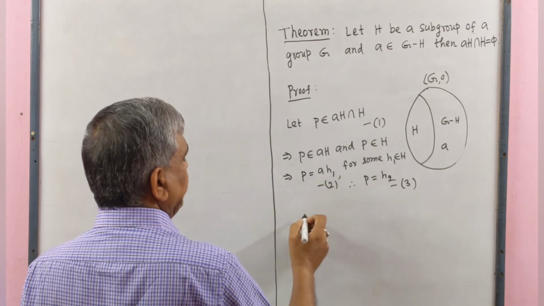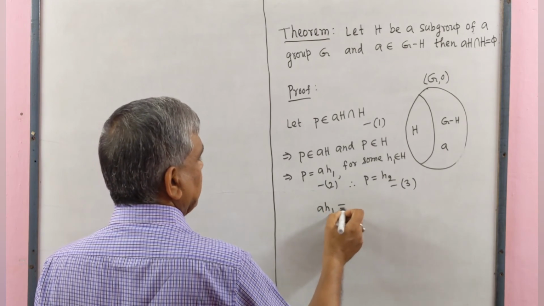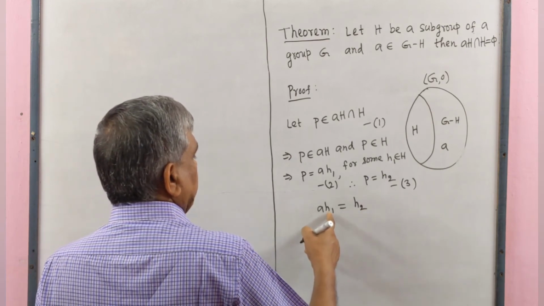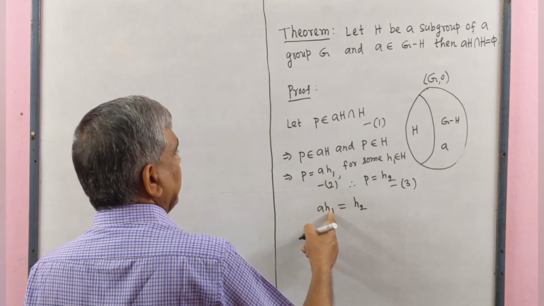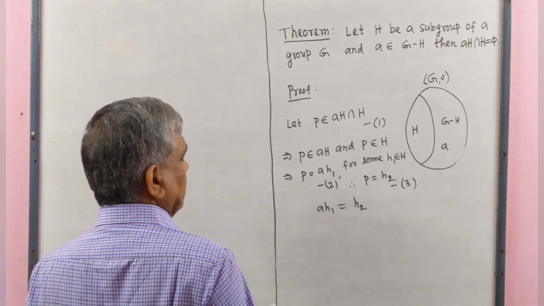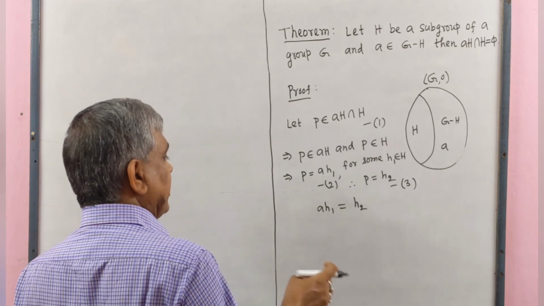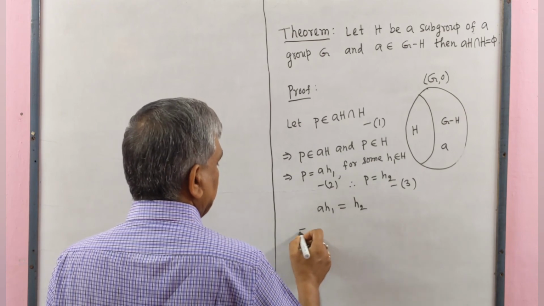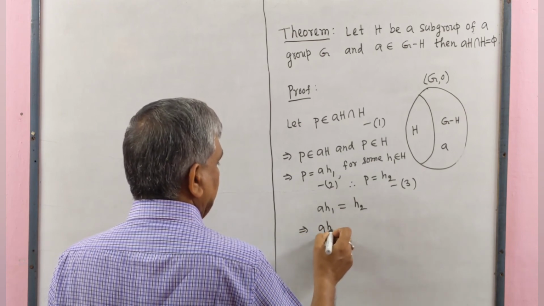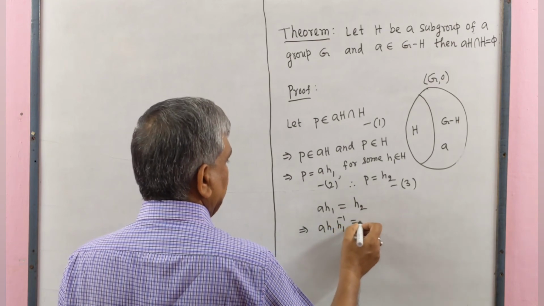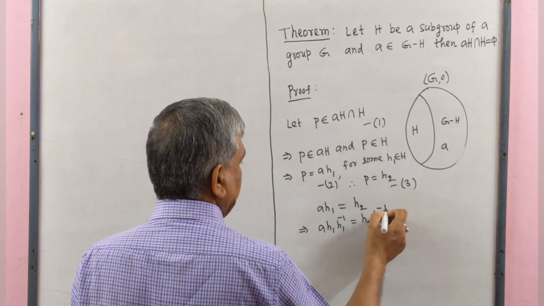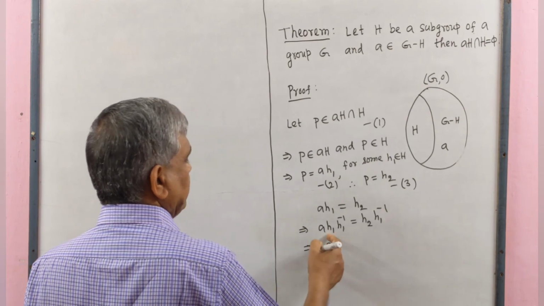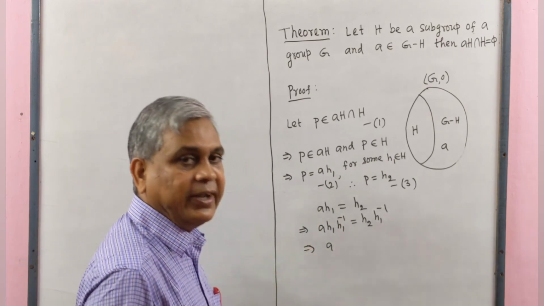Therefore, from 2 and 3, we may write ah1 equal to h2. h1 is an element of capital H subgroup. Therefore, h1 inverse exists in capital H. Implies that ah1h1 inverse equal to h2h1 inverse. h1h1 inverse means identity element.